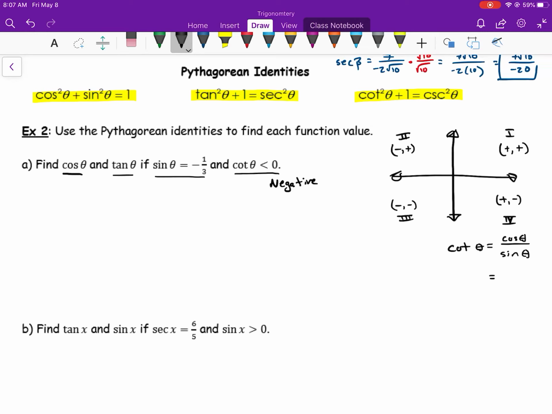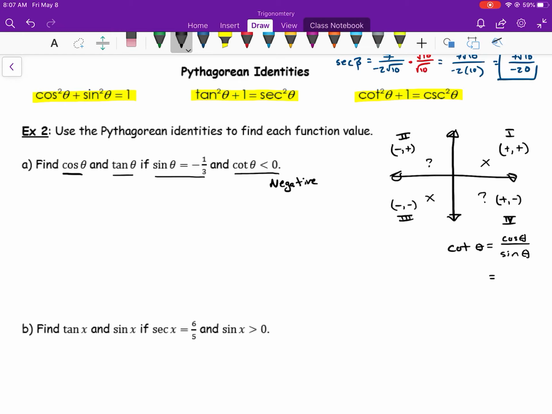All right, so cosine is positive, so we have both positive in quadrant 1, so it can't be quadrant 1. Then quadrant 2 is negative positive, so it could be quadrant 2. Quadrant 3 is negative negative, so it's both negative, so it can't be 1 or 3. Then we have quadrant 4, which is plus minus. So cosine is positive and sine is negative, so it could be that one.